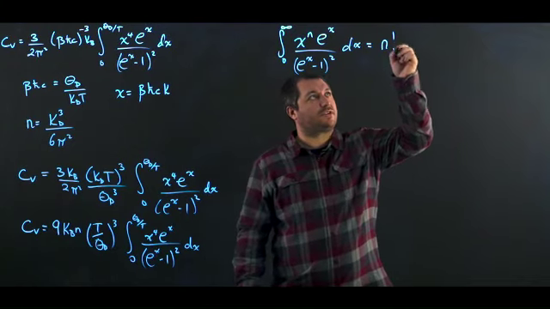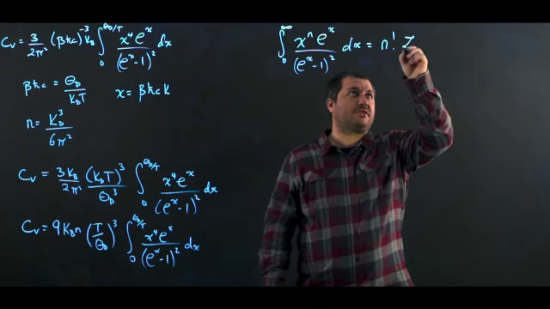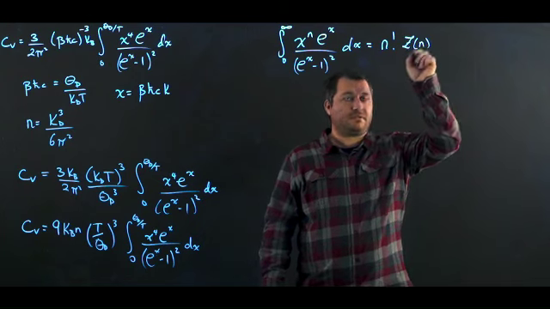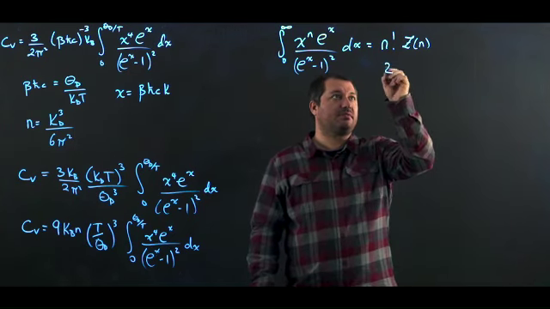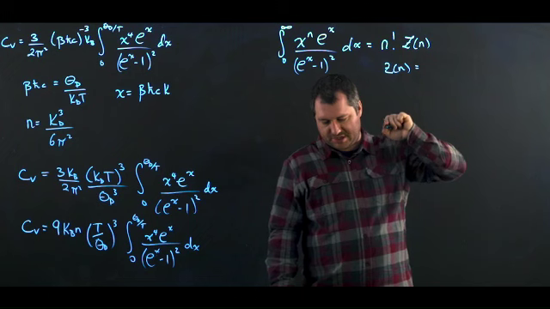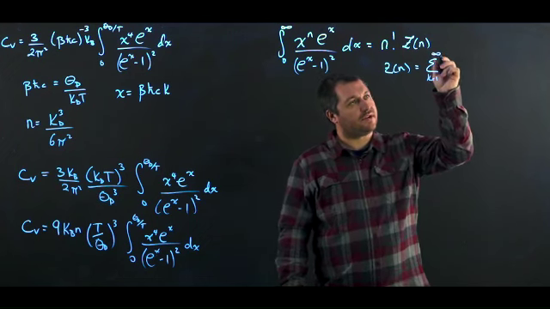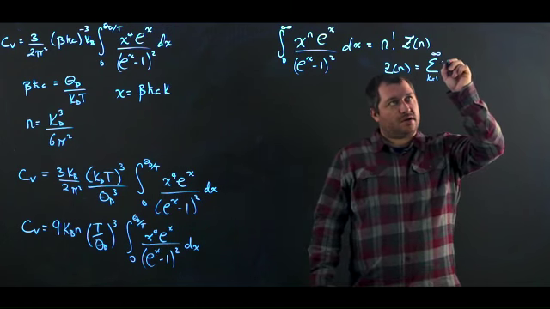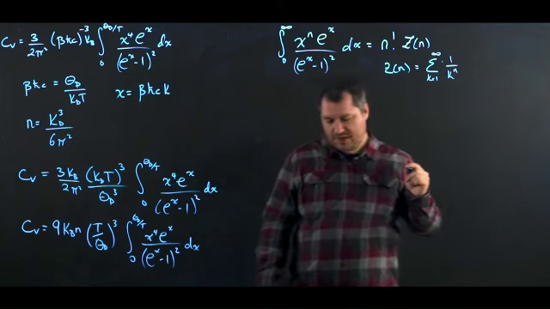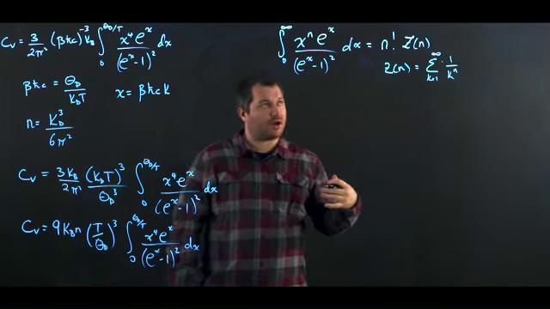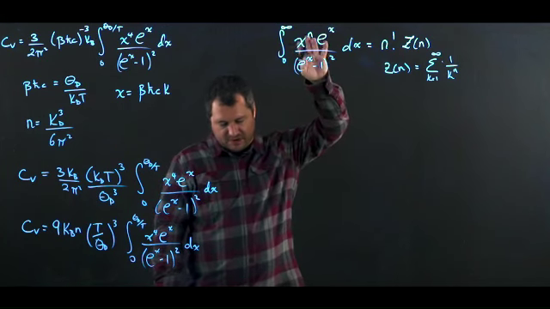Ends up being n factorial of the Riemann zeta function of n, where if we remember that this zeta of n term is actually equal to the sum from k equals 1 to infinity of 1 over k to the n, whatever our n is here. Now, if we were to plug in our specific n, and this is true for up to, I believe, n equals 4 here.